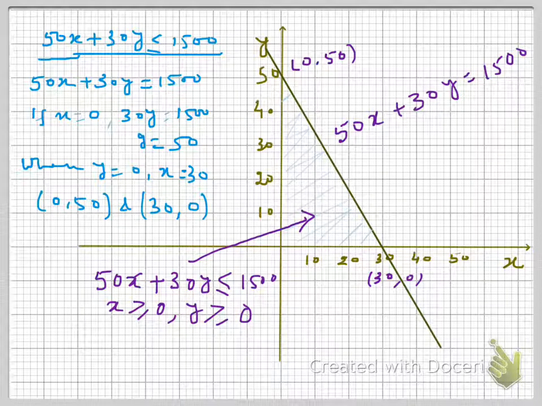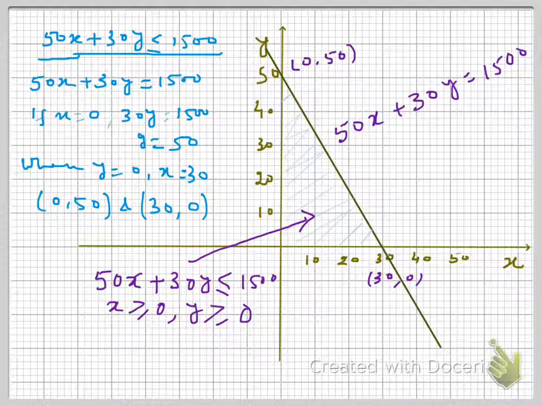Now since the constraint is 50X plus 30Y less than or equal to 1500, we need to work in the area which gives 50X plus 30Y less than or equal to 1500. All the points lying on this straight line will be giving us 50X plus 30Y equal to 1500. So one way is that you check the origin (0, 0).